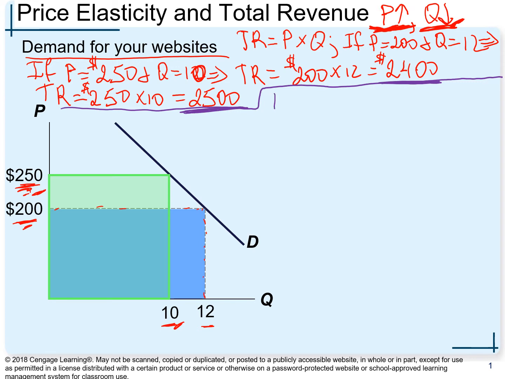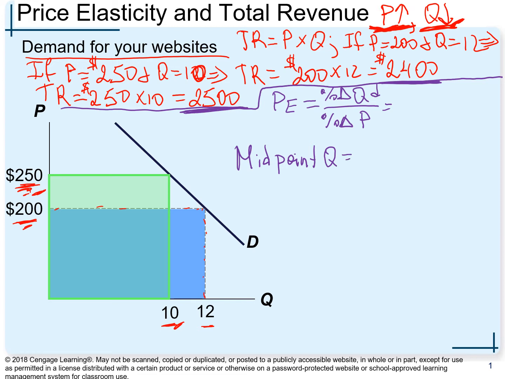So remember our bottom line, we need to find price elasticity of the demand curve. Remember this is the percentage change in quantity demanded over the percentage change in price. So we are going to use the midpoint method to calculate the elasticity of this demand curve. Let's start with quantity. First, we need to find the midpoint quantity.